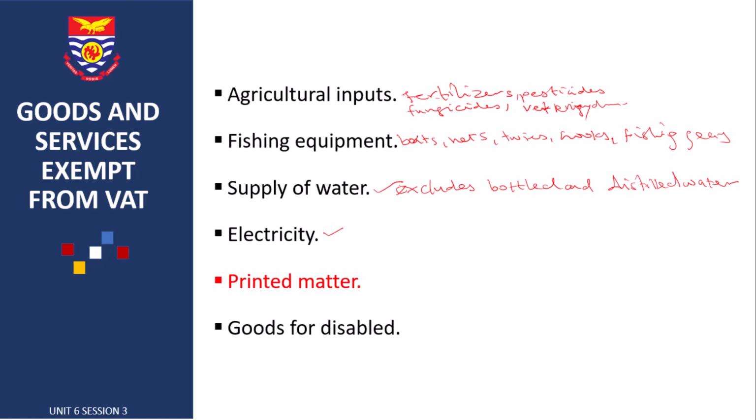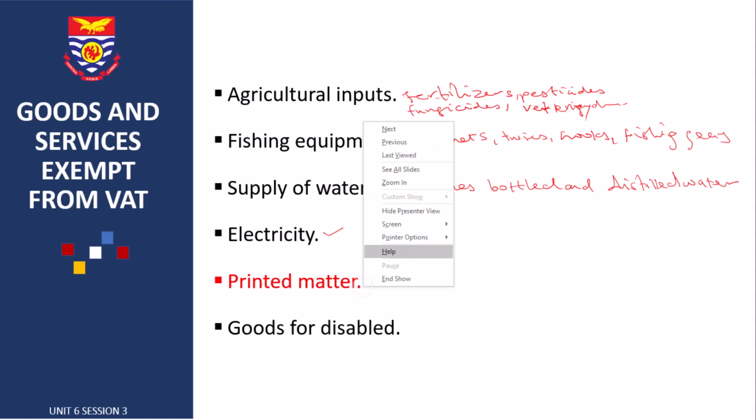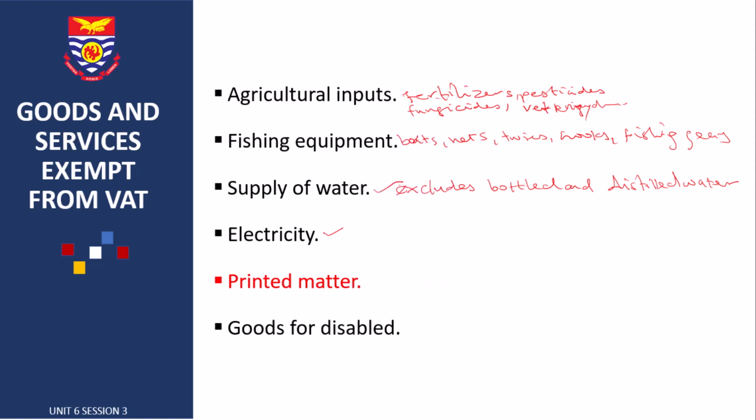For the electricity, we are talking about domestic use of electricity up to a specified consumption level by the government. Then we have printed matter. This printed matter includes atlases, books, charts, maps, music, etc.